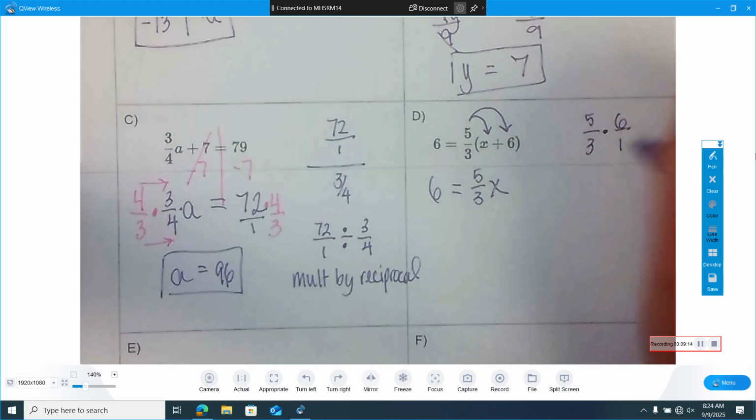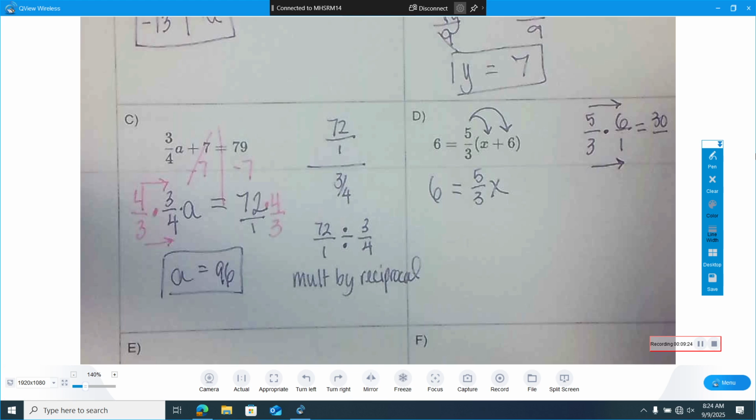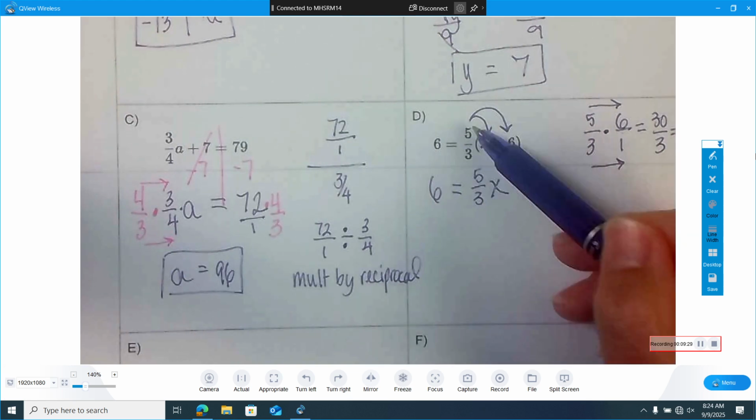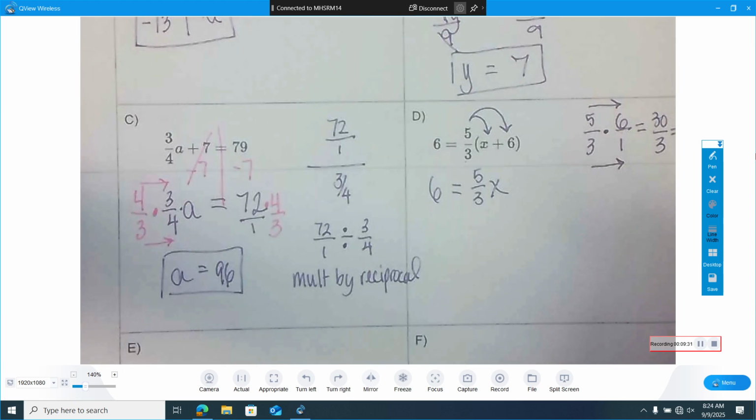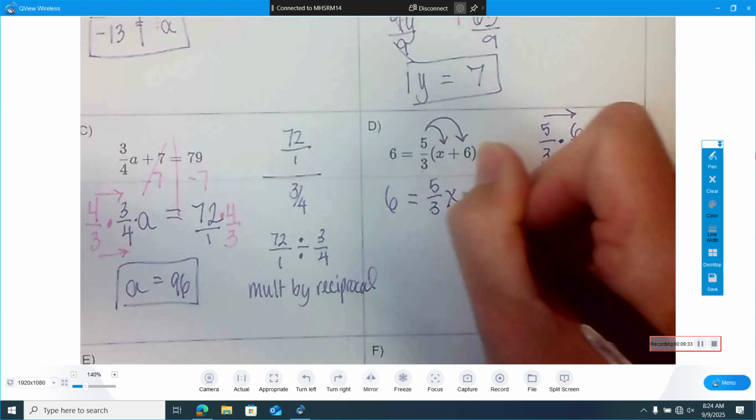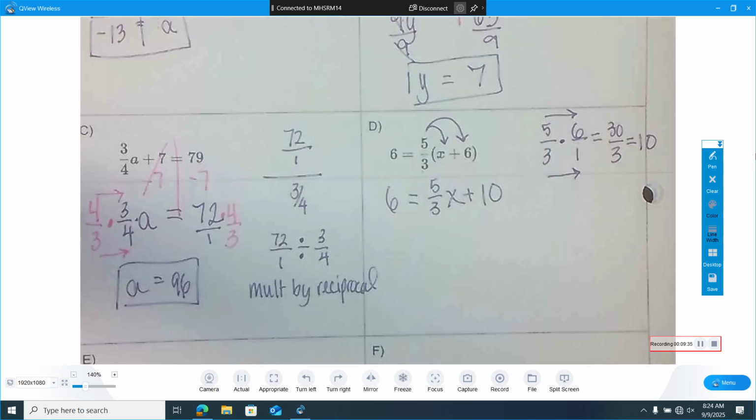Turn 6 into a fraction, so 6 over 1. And how do we multiply? Straight across. So 5 times 6 is 30 over 3, which gives us 10. Okay, so what's 5/3 of 6? 10. So we're going to put plus 10, okay?